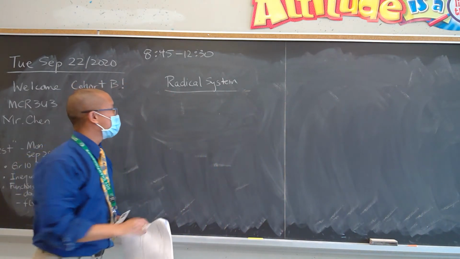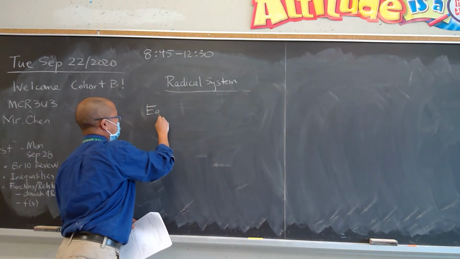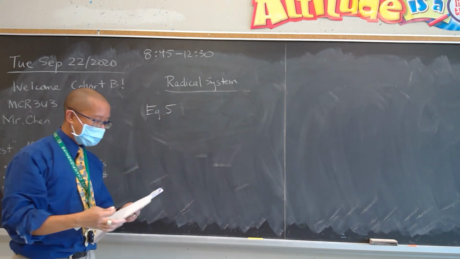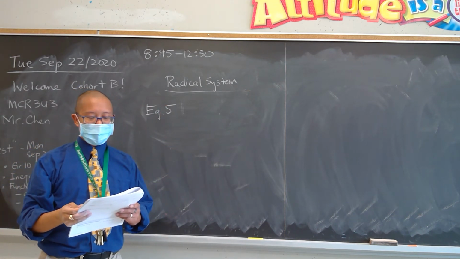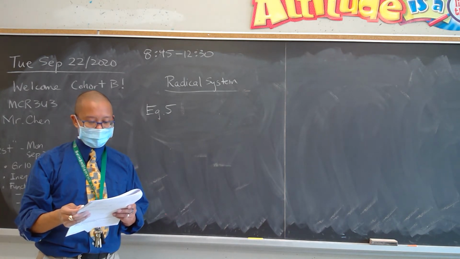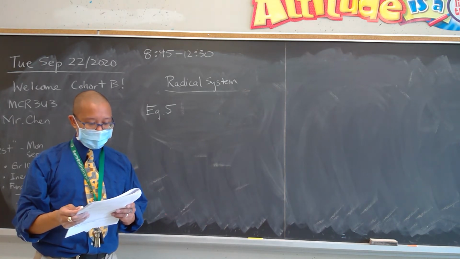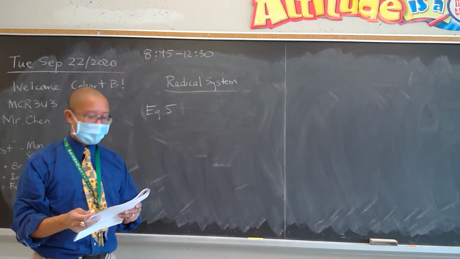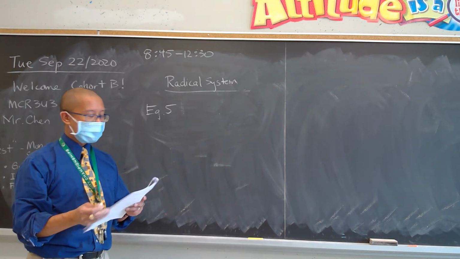In example 5, first of all, the hint above says: to multiply binomial radical expressions, use the distributive property and add or subtract like radicals. So we'll just do two examples. I'll do A and B.